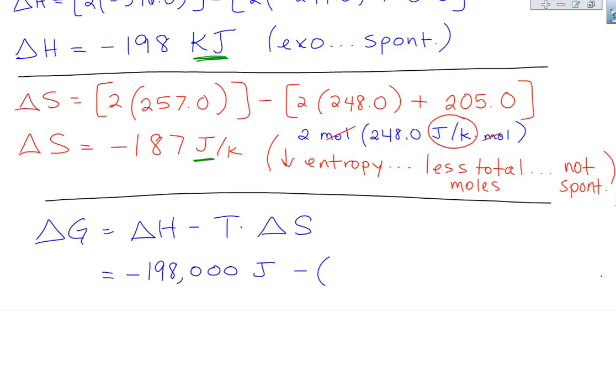We're running this thing at 25 degrees Celsius. This value is for Kelvin. So when you plug this temperature value into your delta G equation, it does need to be in kelvins. So instead of 25 degrees Celsius, we're going to go 298 Kelvin. Then I can use my delta S, negative 187 joules per Kelvin.